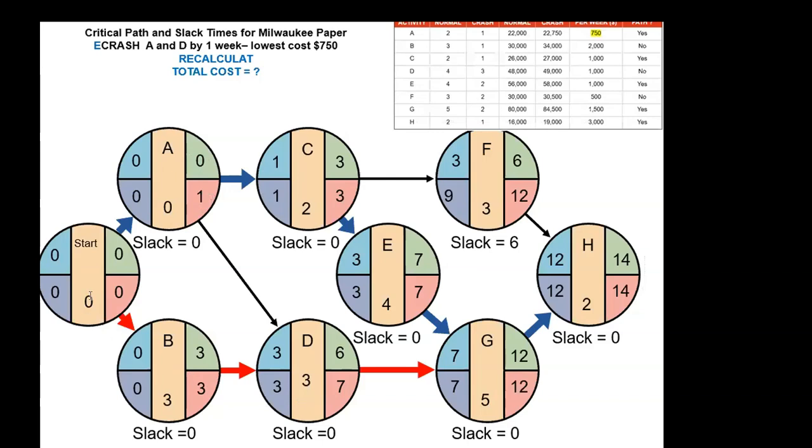Okay, so let's update the whole thing. This is 1, this is 0. So this can start at the beginning, 0. 0 plus 2 is 2. Then 2 goes here. 2 plus 3 is 5.